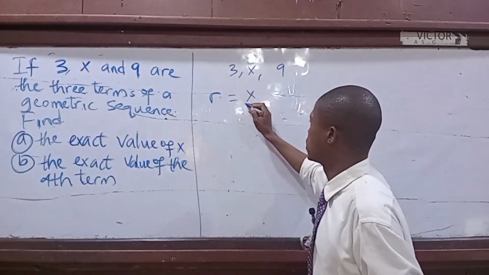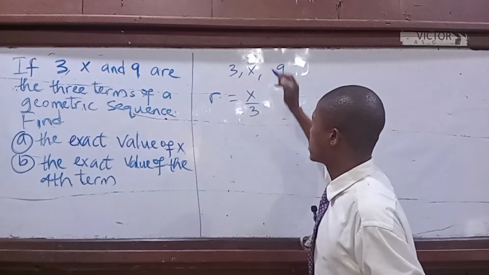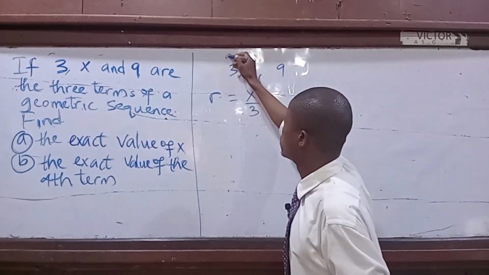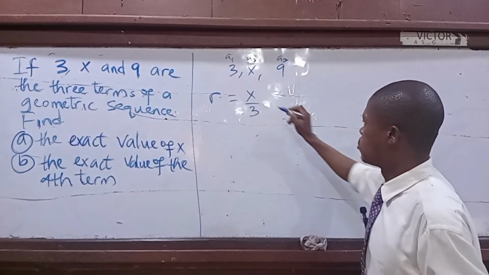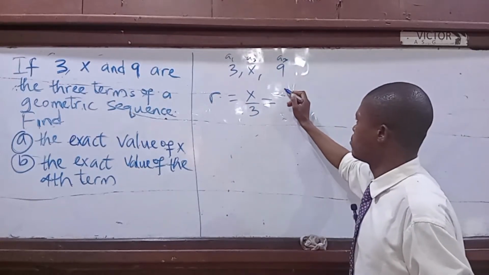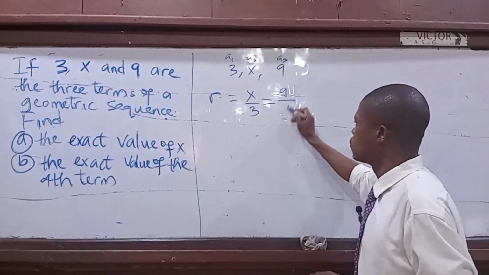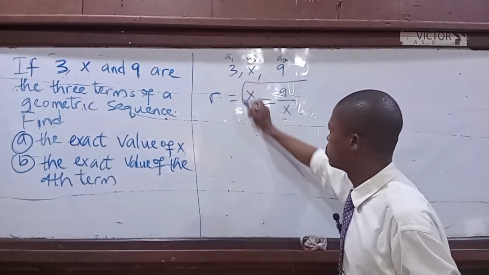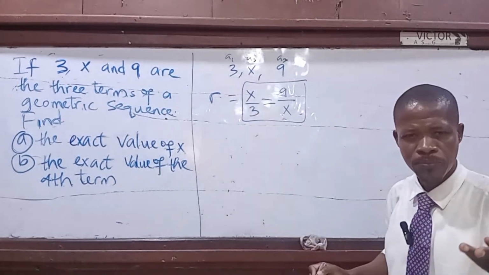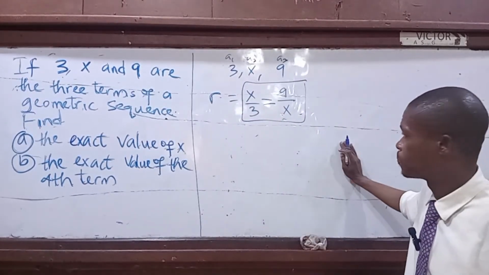That's x over 3, the second term over the first term, must equal the third term, which is 9, over the second term. This is the expression that is formed for the common ratio.